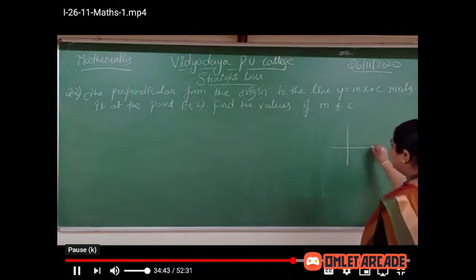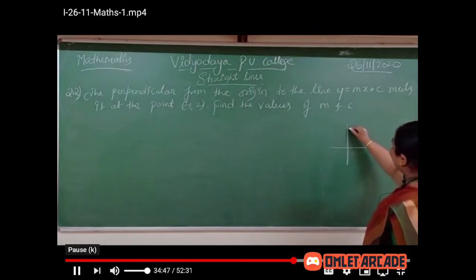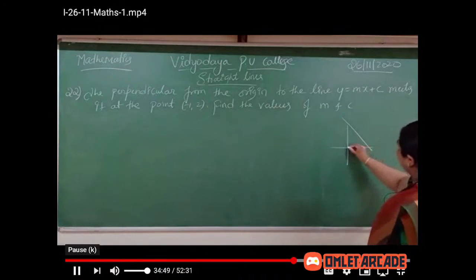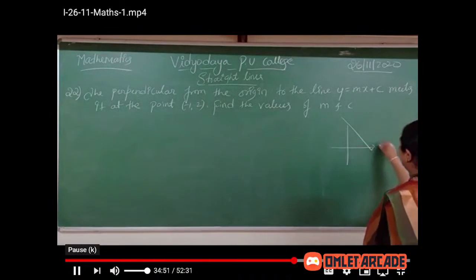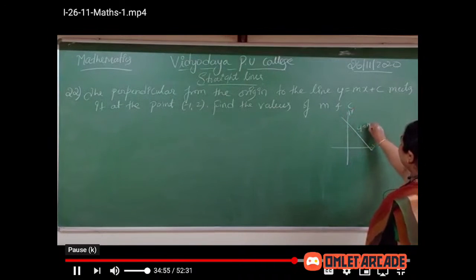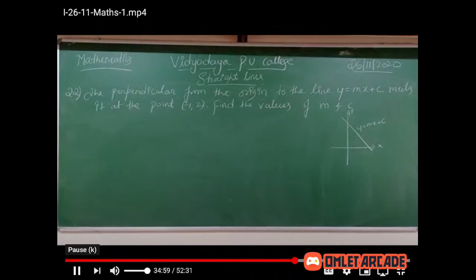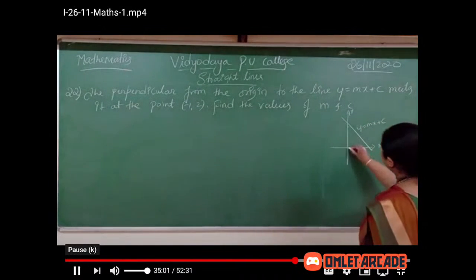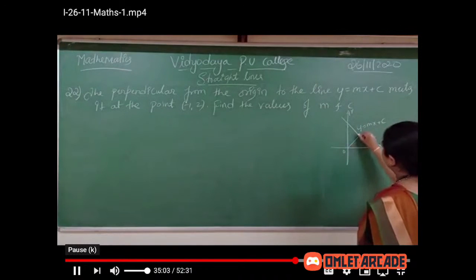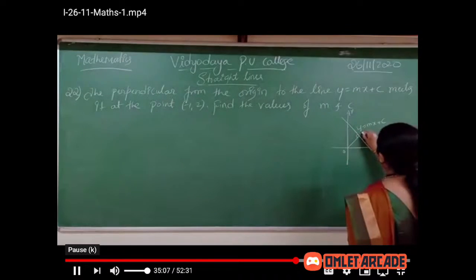If I take coordinate axis, perpendicular from the origin to the line. Imagine you have a line like this. Okay. This is the x-axis and this is the y-axis. Equation is what? y is equal to mx plus c. It meets it at the point. What is the point?